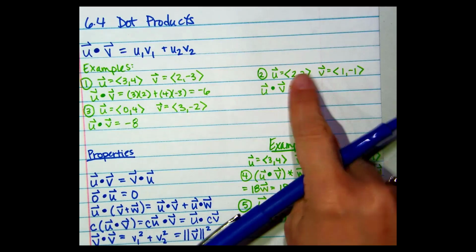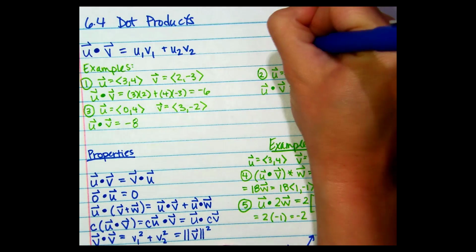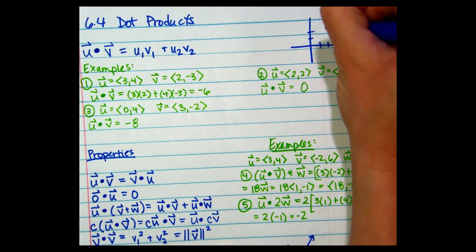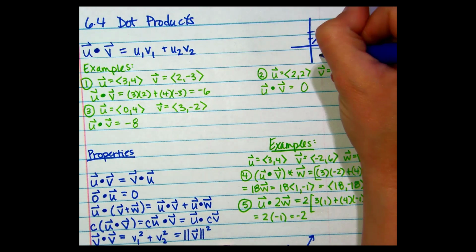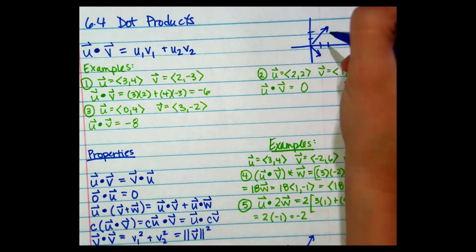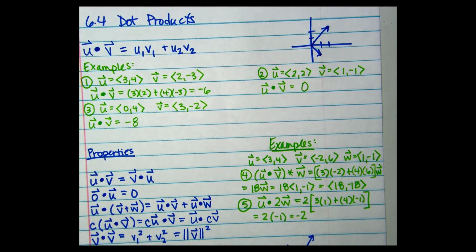So that means these two vectors are orthogonal. And if I sketch them, 2, 2, and 1, negative 1. Well, looky there. That looks pretty close to 90 degrees, doesn't it? So it's fairly easy to convince yourself if you're right or wrong by looking at a sketch. It helps you decide if you've done them right or not.